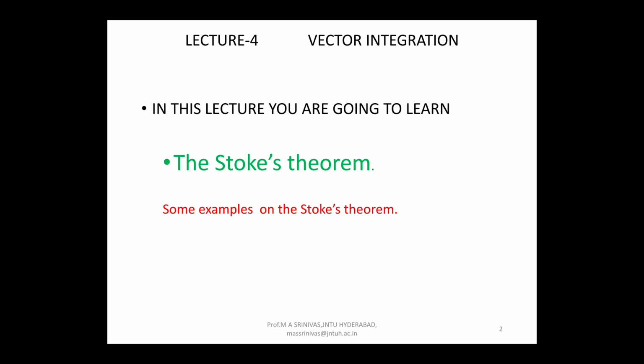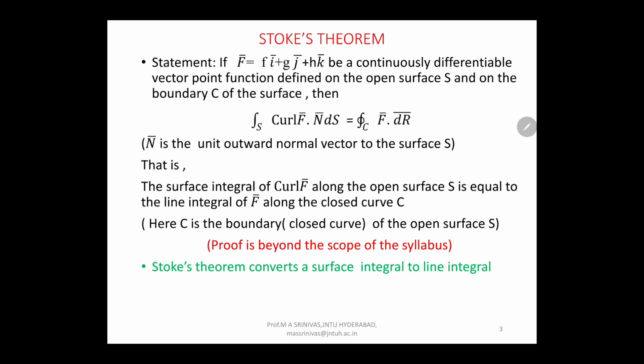First of all, as I said in the previous lecture also, the proof of this theorem is beyond the scope of the syllabus. So let us see the statement of the Stokes theorem.